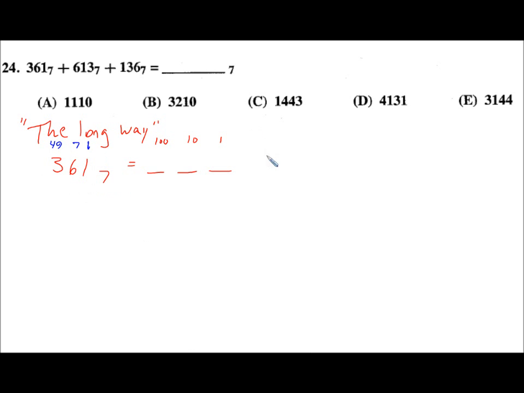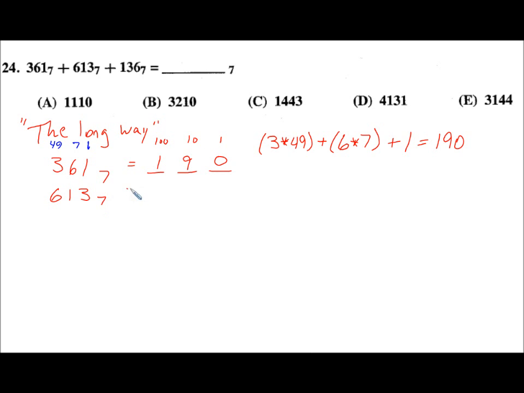Converting this to base 10 is then just solving the problem 3 units of 49, or 3 times 49, plus 6 units of 7, or 6 times 7, plus a single unit. That does evaluate to 190. And it is 190 in standard base 10. 1 unit of 100, 9 units of 10, and 0 single units.